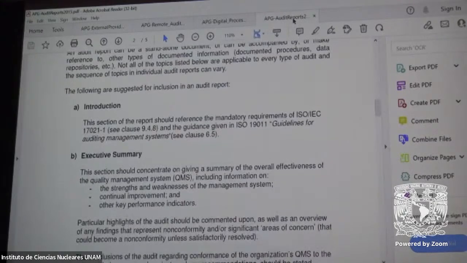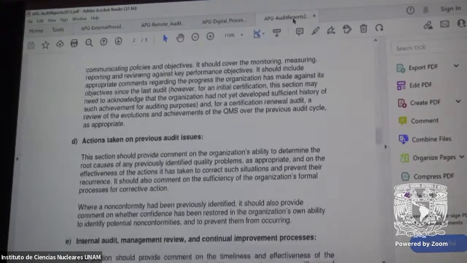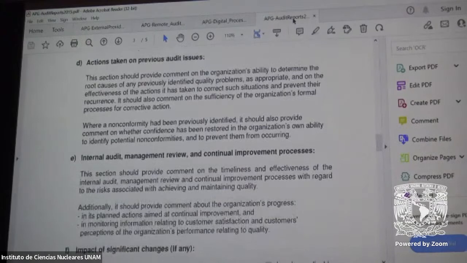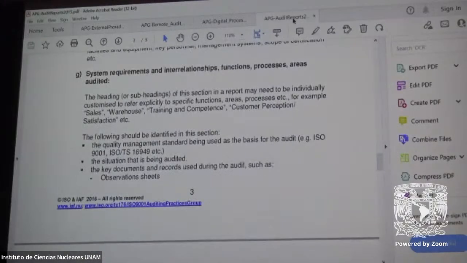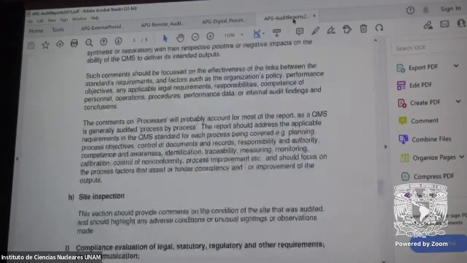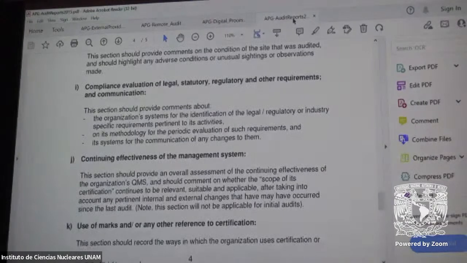An introduction, an executive summary, some assessment of management, leadership, objectives and targets, actions taken on previous audit issues, internal audit, management review, and improvement, the impact of any significant changes, the areas that you audited, the sites you went to, and now I'm contradicting myself because it's telling you about compliance, and I just said we should never write anything about compliance.